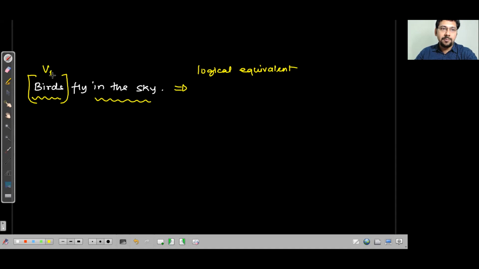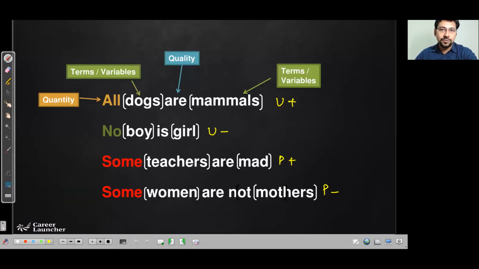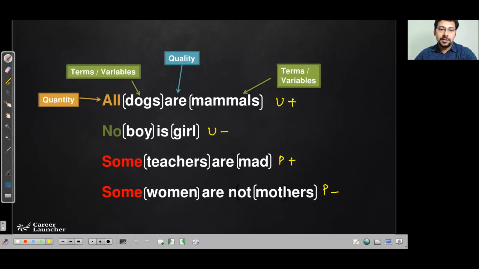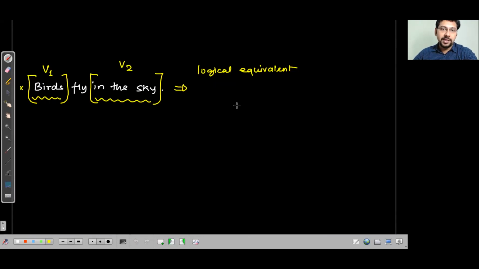It's my variable number one. And fly in the sky is something that I will take as variable number two. So I have to convert this into saying all birds fly in the sky, because birds have no parameter and the null is supposed to be a universal set. So I'm going to represent this as: this is my birds and these are flying in the sky.